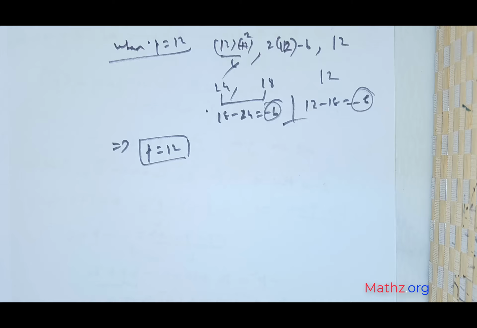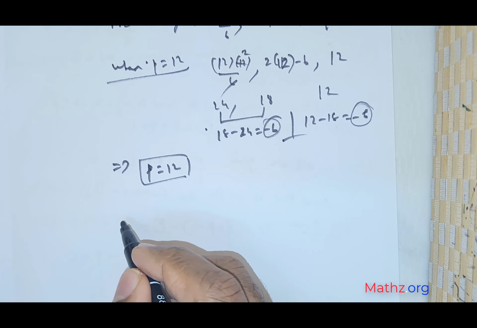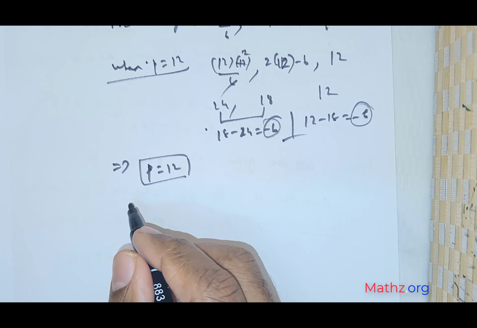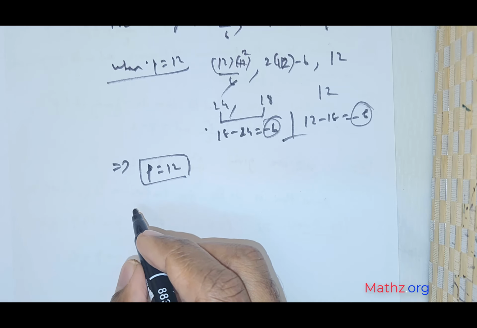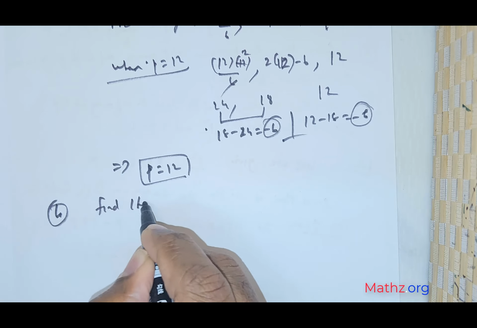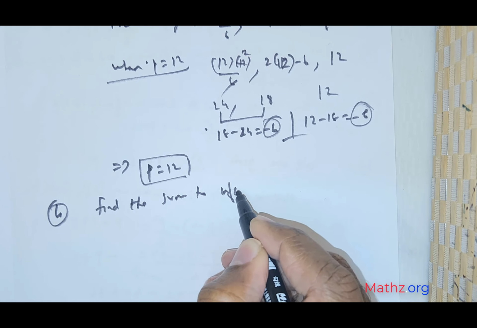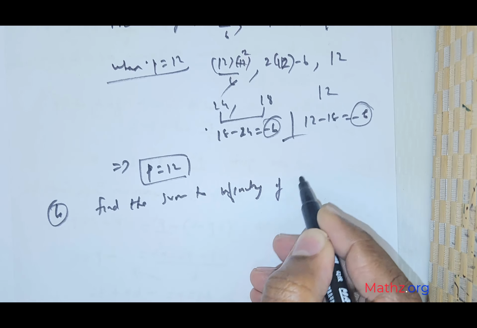Now we need to move on to the next part. What is the next part? The next part wants us to get the sum to infinity. So part B, we have to find the sum to infinity of a GP.